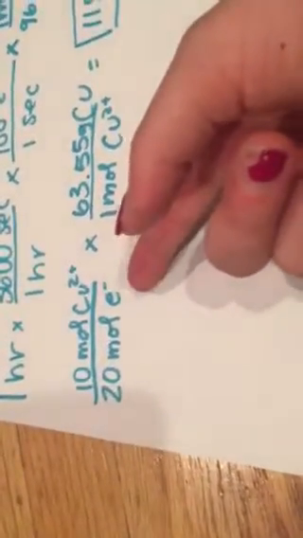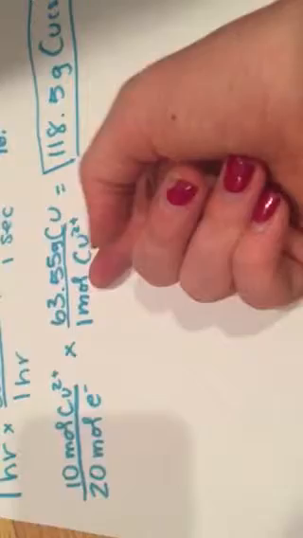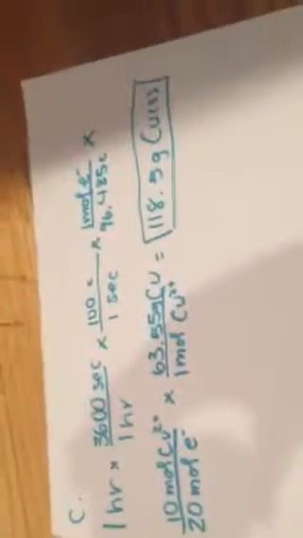So it's 2 and 1, and then you need to cancel out Cu, so you're going to use 1 mole. And then you need to convert it into grams, so you put 63.55, and when you multiply all of that all the way through, you get 118.5 grams of Cu. And that's all. Bye.